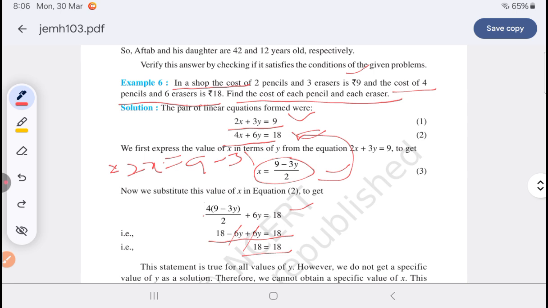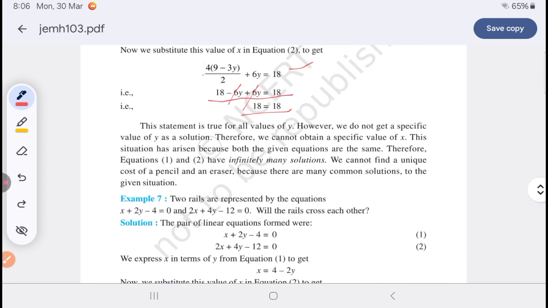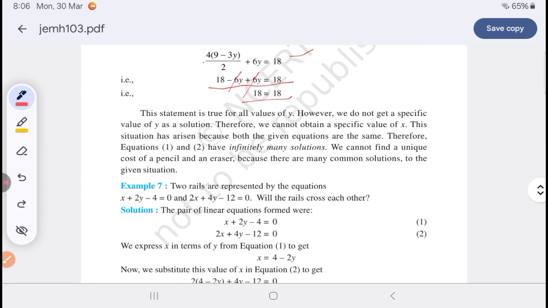If you take out the common 2 from this equation, you will get 2x plus 3y equal to 9. So this equation and this equation are both the same. That means both equations have infinitely many solutions. So you cannot find the unique cost of the pencil and the eraser because there are many common solutions to the given situation.